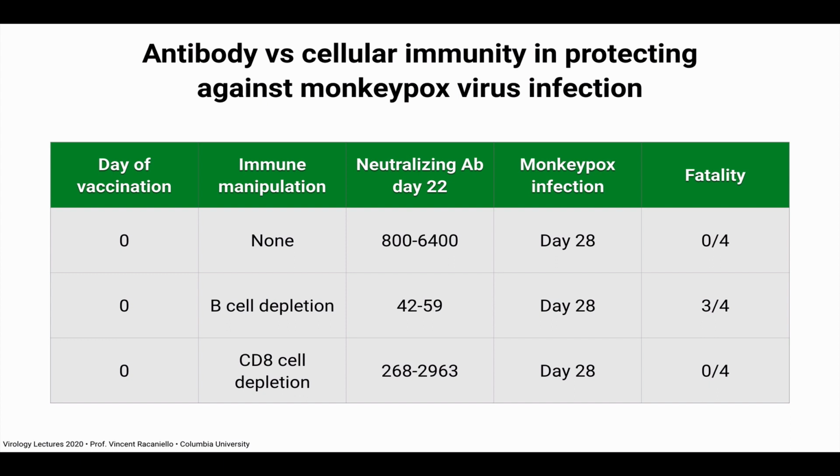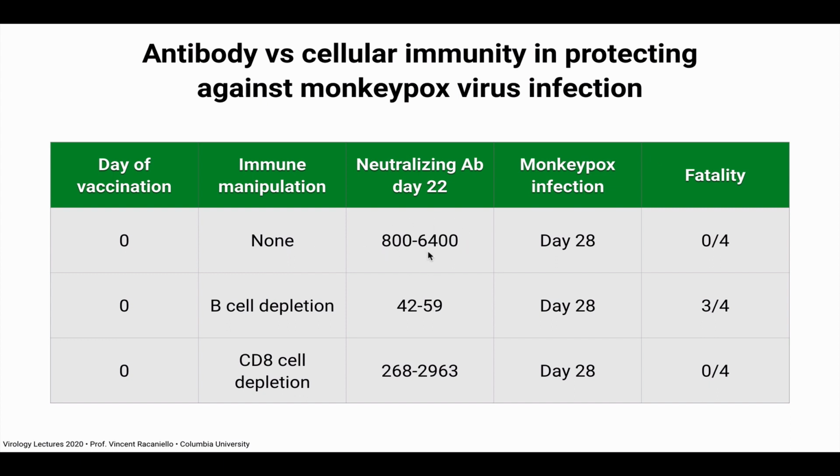What we do here is we vaccinate animals with an activated form of the virus, and then we do some kind of immune manipulation. We measure neutralizing antibody 22 days later, and then we challenge them with infectious virus and see who survives fatality.